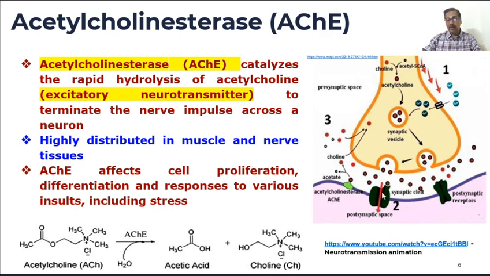So thereby I am stopping the dissemination of the message. In that way your acetylcholine esterase plays a major role. If there is any lack in the activity of your acetylcholine esterase, acetylcholine will not be removed, so the message will be continuously passed. This leads to many neurodegenerative disorders or neuronal related disorders.